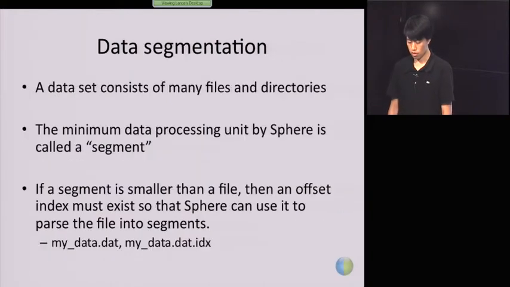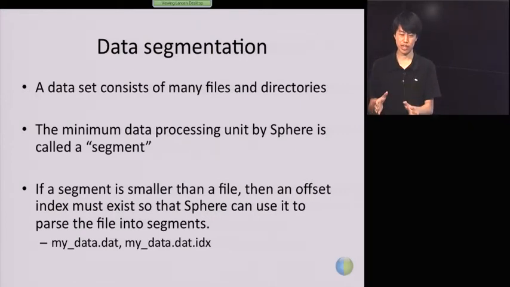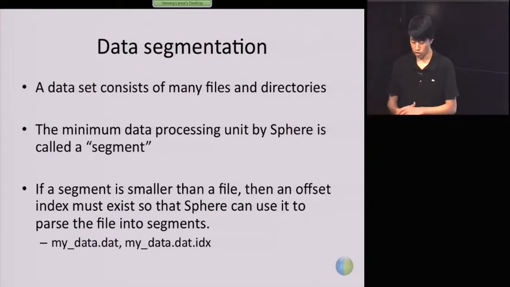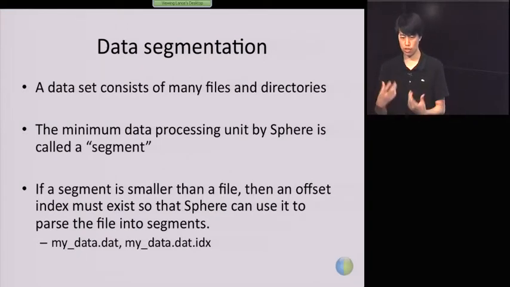So how does Sphere segment the data? If your data segment is files or directories, that's natural. You just tell Sector that your minimum processing unit is a file or directory. But sometimes you have to process records in a file. Then you have to specify a record offset index.